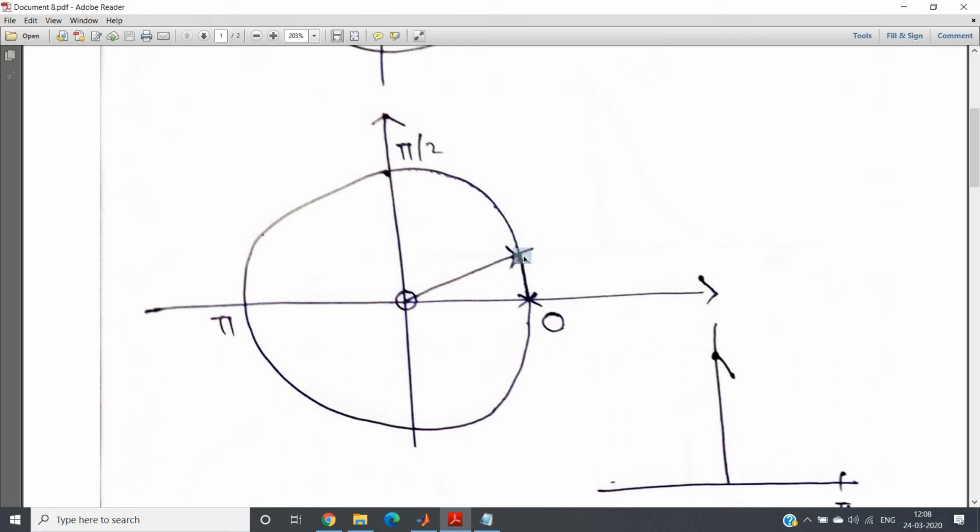Now this particular point is at a distance far from the pole, and there is also a distance between this point and the zero. So now observe, the pole is trying to increase the gain, but the zero is trying to decrease the gain.